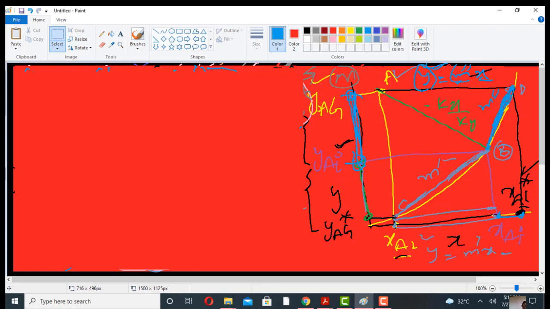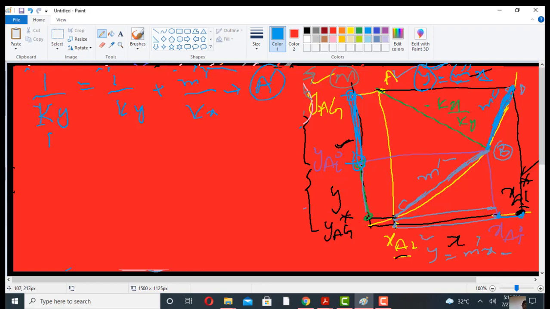So what will be the previous equation? The previous equation was 1 divided by Ky equal to 1 divided by ky plus 1 divided by kx. This was one equation.